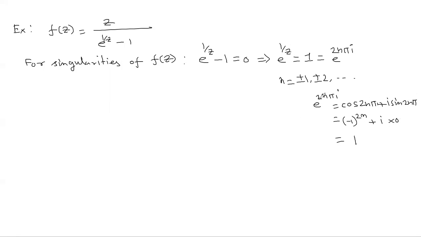So it is always 1 for all n equal to plus minus 1, plus minus 2, etc. So from here we are getting 1 by z equal to 2n pi i. That implies Zn equal to 1 by 2n pi i.